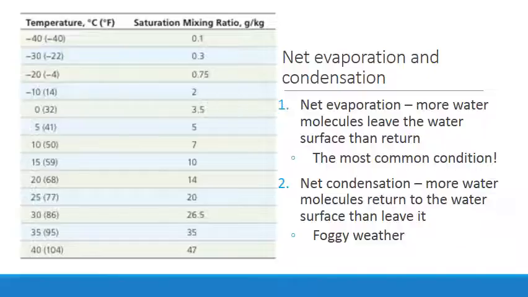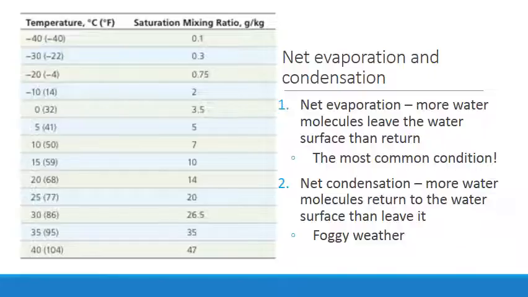That's called net evaporation. An exception to this is when we are forming fog. So as you watch fog banks form, more water molecules are condensing to liquid than are evaporating from the tiny droplets in the air. That's net condensation.